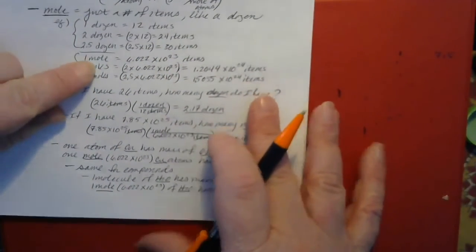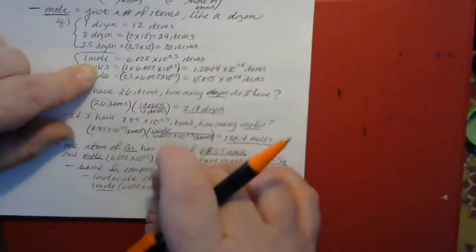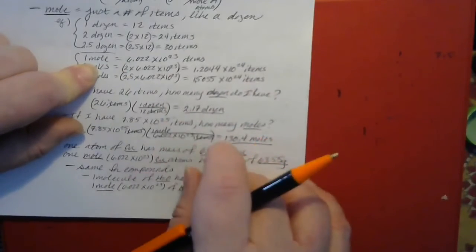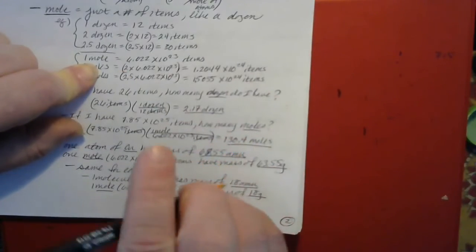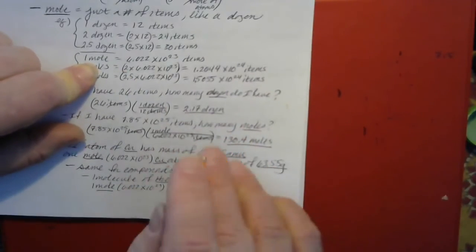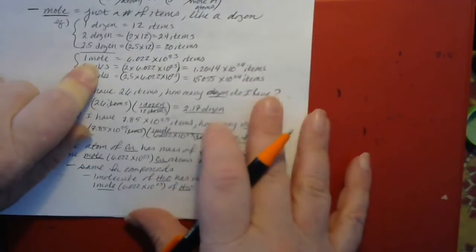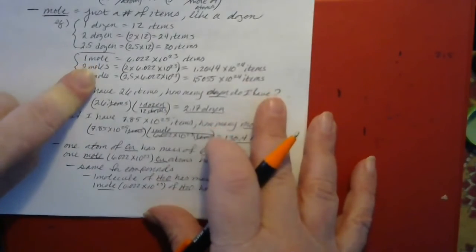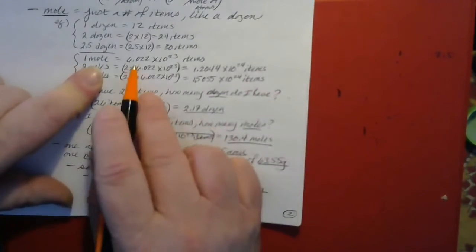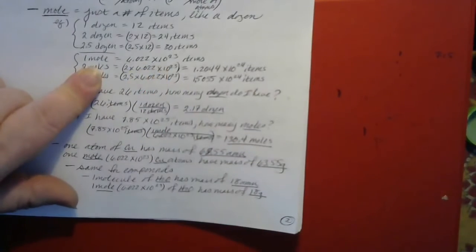Well, the same with a mole. 1 mole, and it doesn't matter whether it's a mole of atoms or a mole of eggs or a mole of bowling balls or a mole of planets. Okay, I don't know if there are even that many planets in the entire universe, but theoretically, I guess you could have a mole of planets.